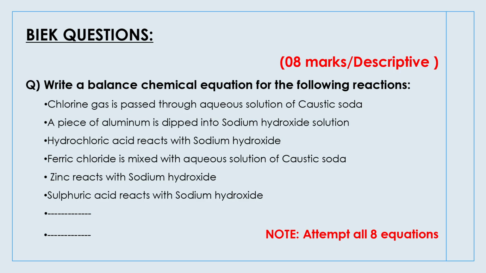Third most important thing, the equation that you write must be a balanced equation. It means the number of moles on the reactant as well as the product side must be balanced. So these are the key things that one should remember while attempting this question in your board examinations. And if you keep all these points in your mind, you will get full marks in your board examination.